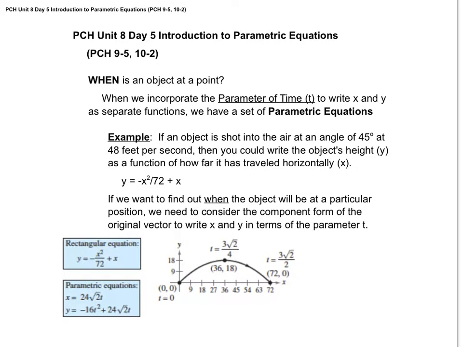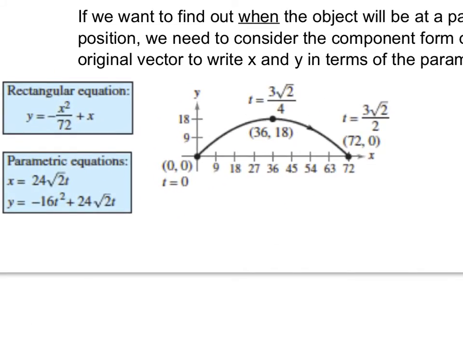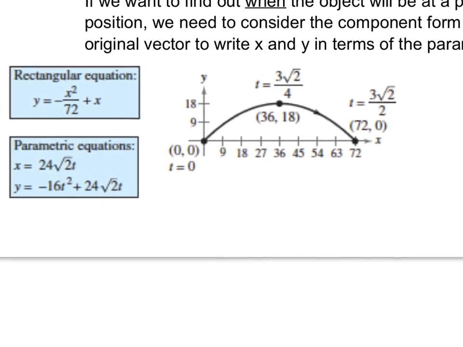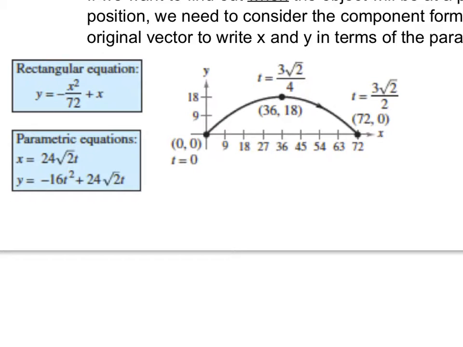Now, these are called parametric equations because time is what's known as a parameter. It's something that impacts the situation. Now look here, we have the rectangular equation, y equals negative x squared over 72 plus x. We already said that part.